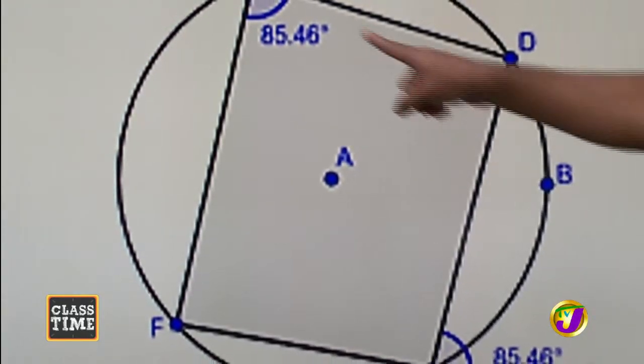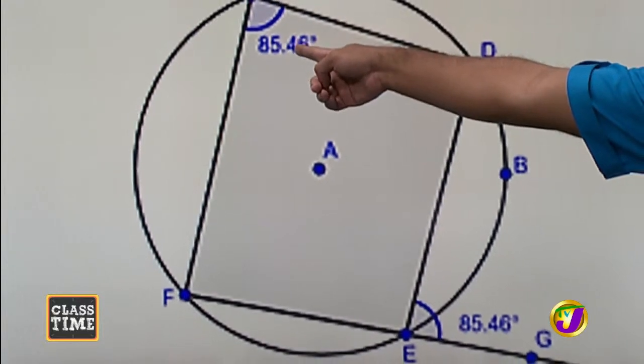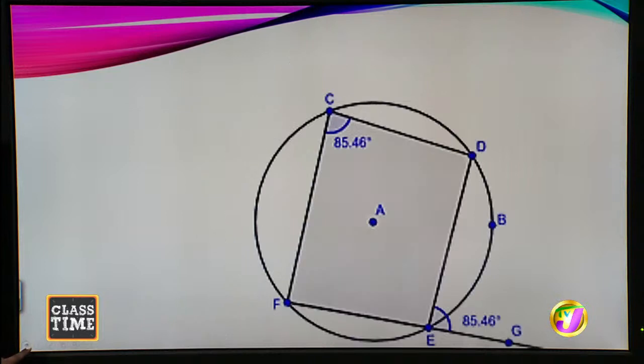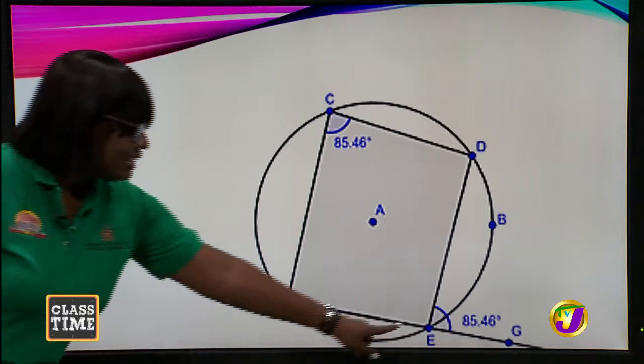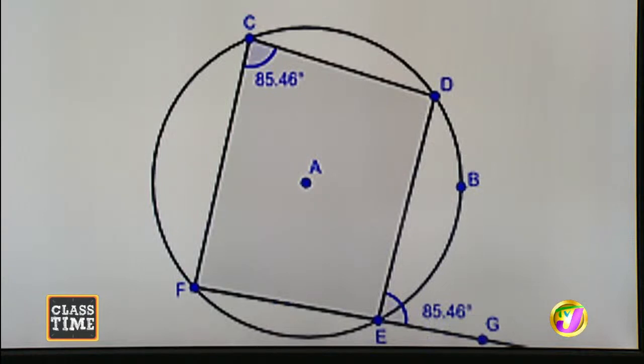So whatever the value of angle C is, which in this case was 85.46 degrees, angle E would have the exact same value, right? Yes. And that was because of all the properties that were listed before.